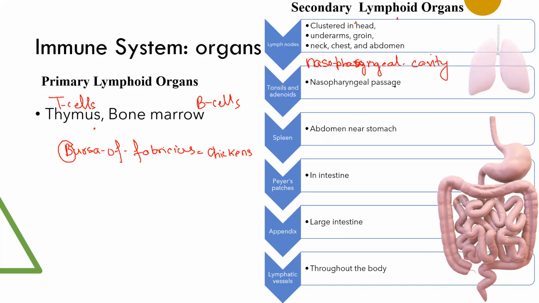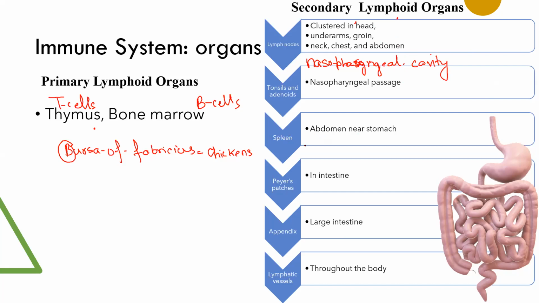So what we know now is that lymph nodes are present at different positions. Nasopharyngeal cavity is one of the primary sites where the interaction between antigen and T cells and B cells is occurring. The other secondary lymphoid organs are present in the abdomen, near the stomach, that is the spleen.